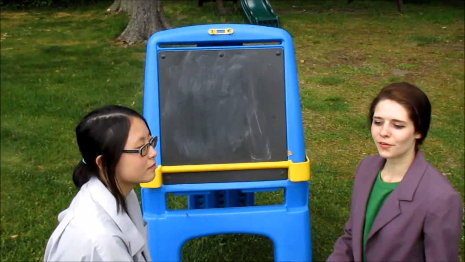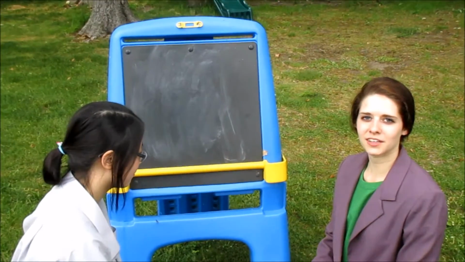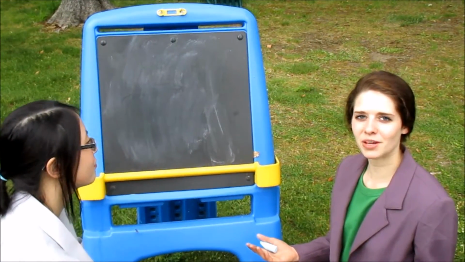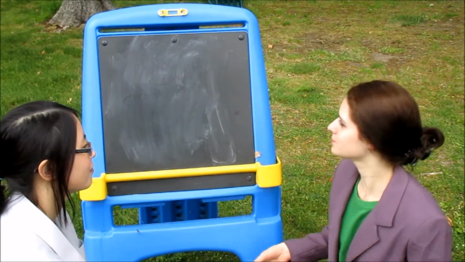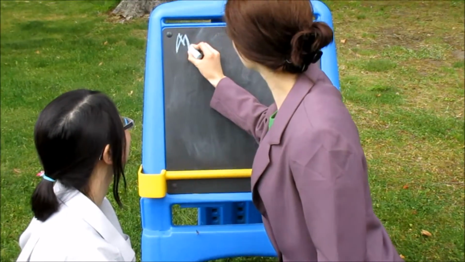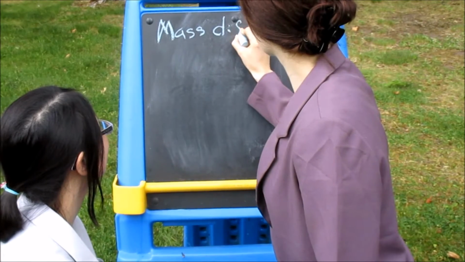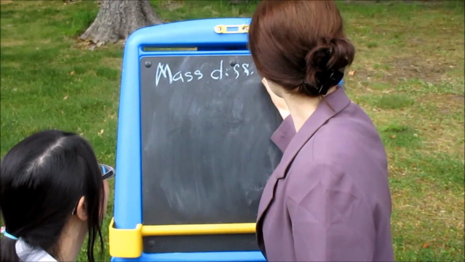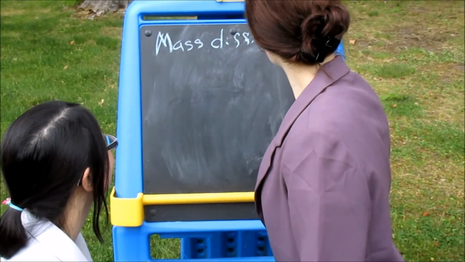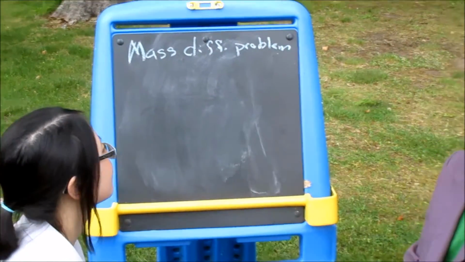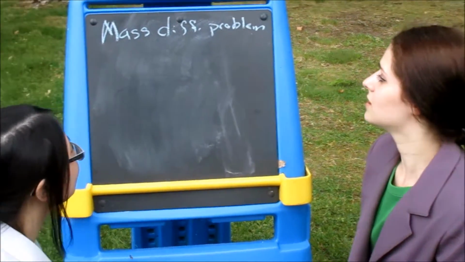Okay, so our problem is the mass difference between the proton and the atomic mass of the helium atom. The mass of the atom is 4.